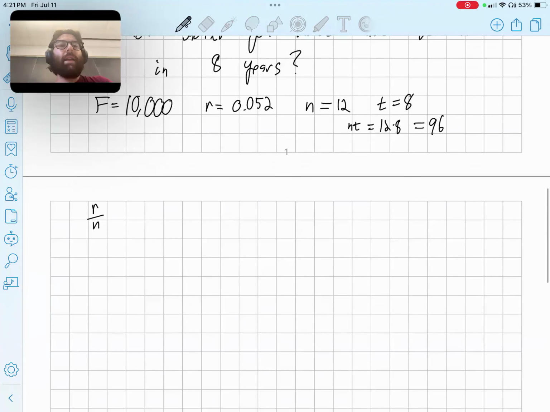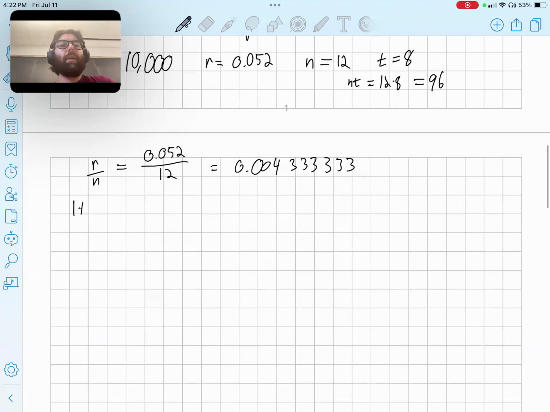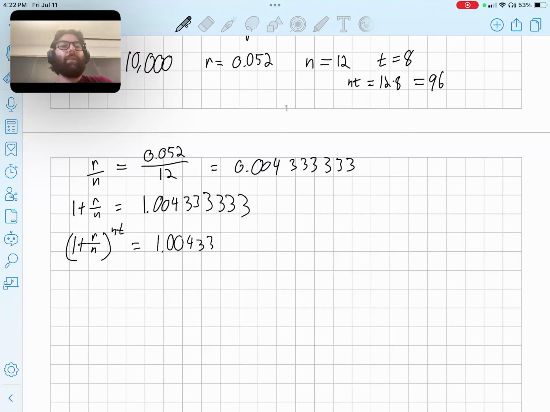So R over N, this is 0.052 over 12, which equals 0.004333. 1 plus R over N is 1.004333. 1 plus R over N to the N times T is 1.004333 to the power of 96, which is our N times T.